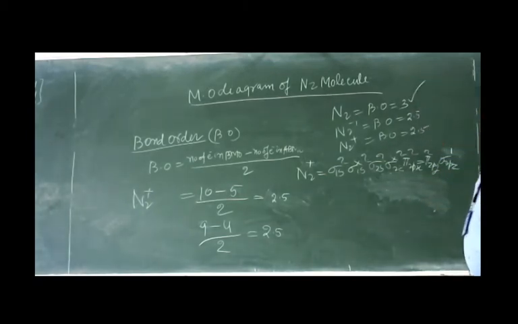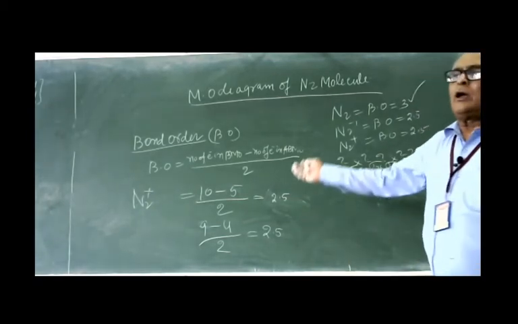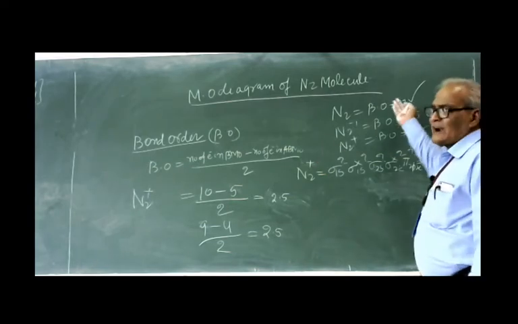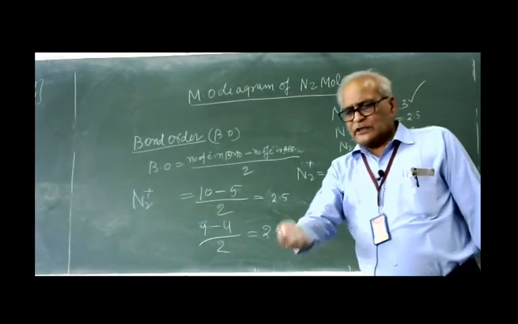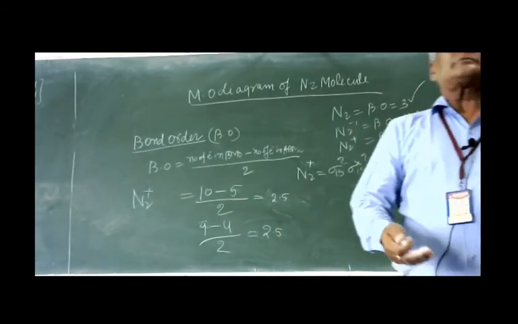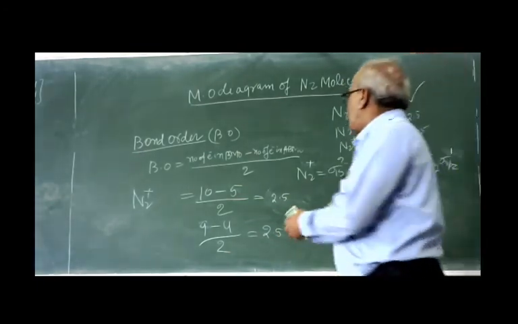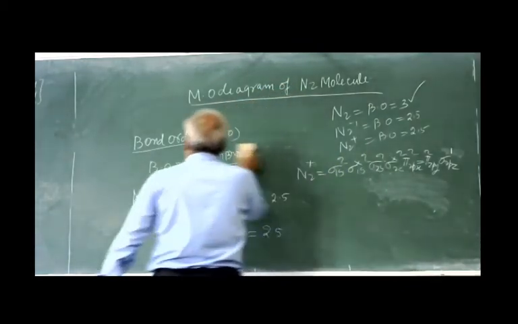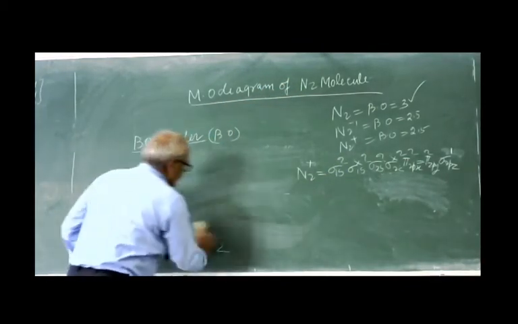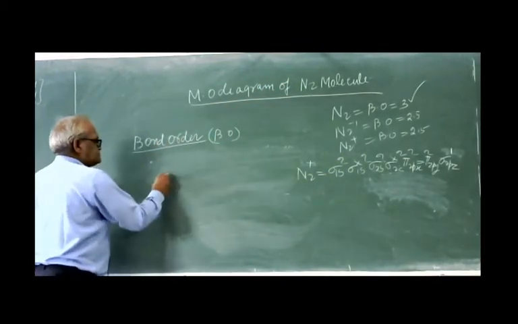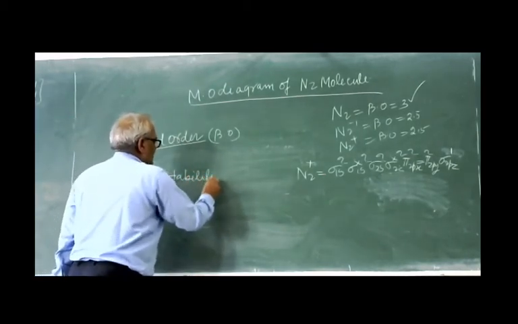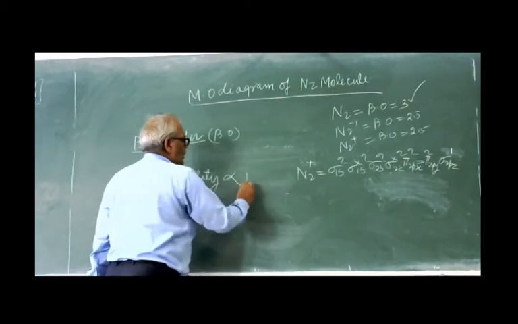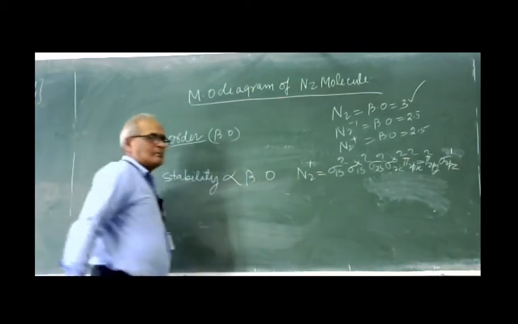Certainly N2 is more stable because of the 3 bonds. Bond order means number of bonds. In this way, the stability of the molecule is directly proportional to the bond order. So here you can write: stability is proportional to bond order. Simple.